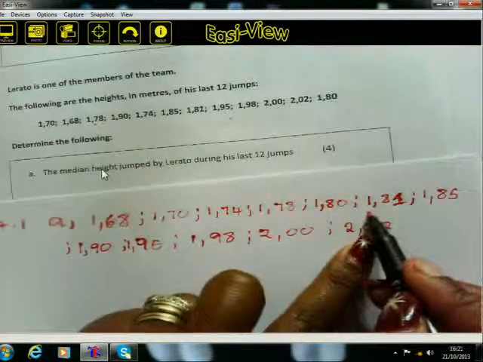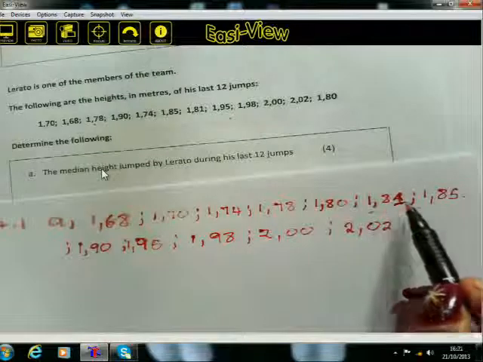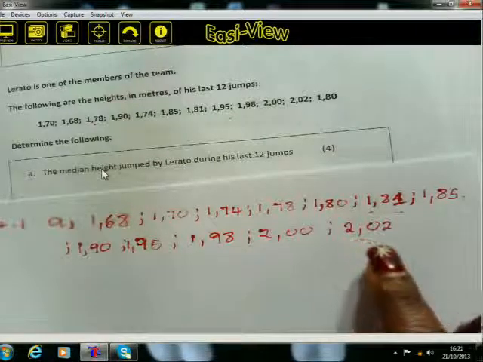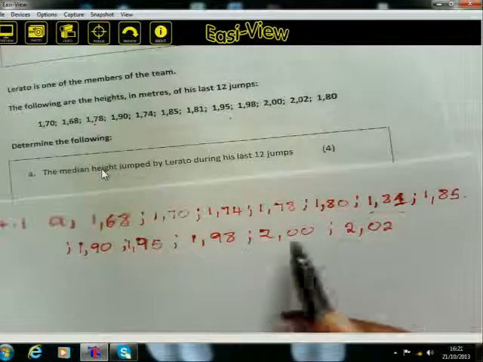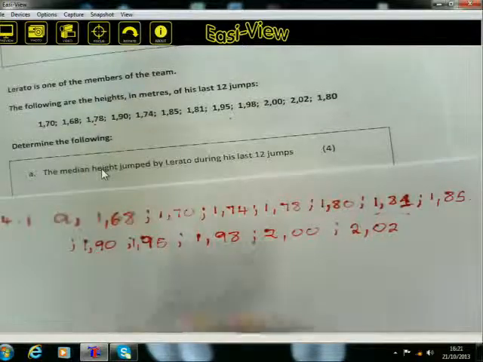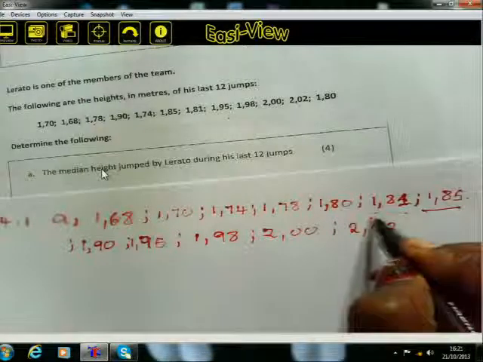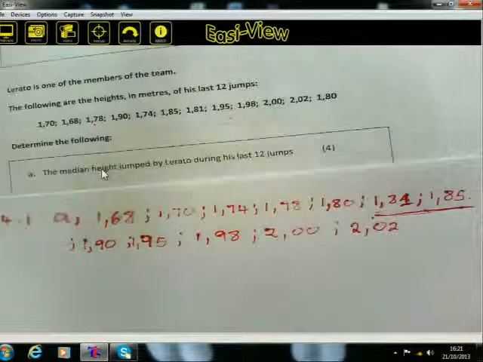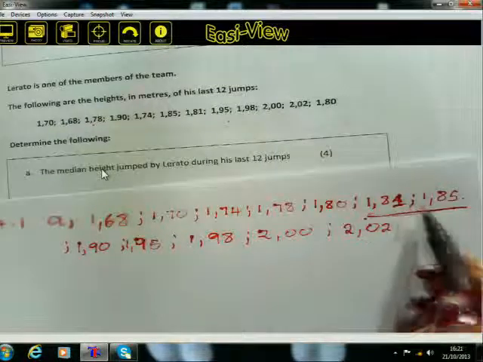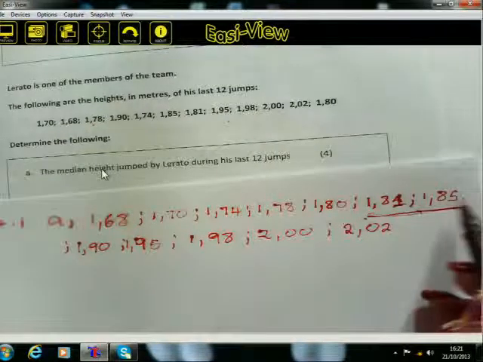You can underline 1,81. Then you come to your right hand side. Let us count 1, 2, 3, 4, 5, 6, which is 1,85. So your 2 middle numbers will be 1,81 and 1,85.